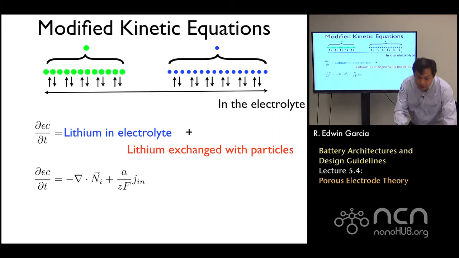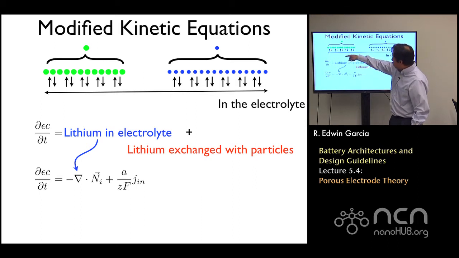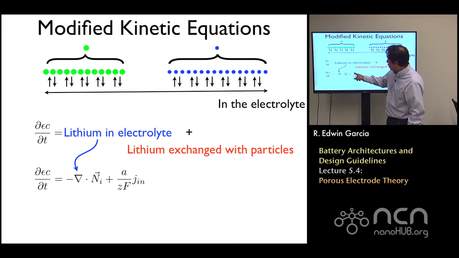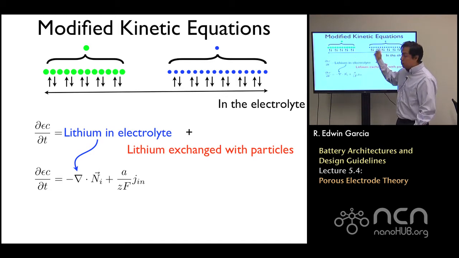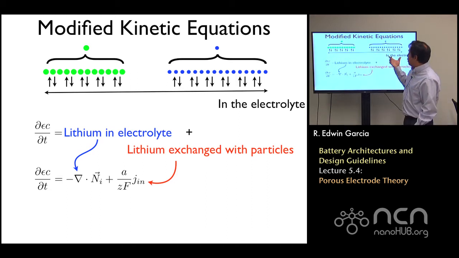And you can always do it for every single contribution. You can change this reaction and that area per unit volume for both anode and cathode. You can make it position dependent, and if you do that, then you will have a very reasonable description as to what happens in the system.